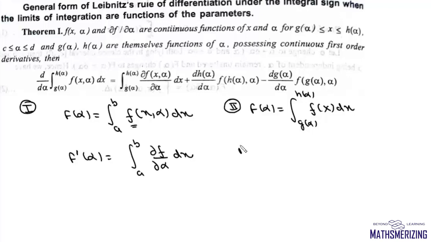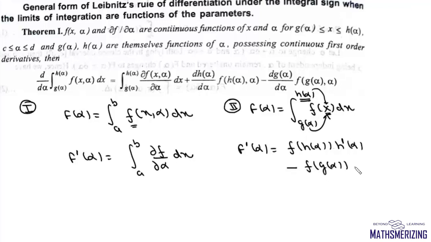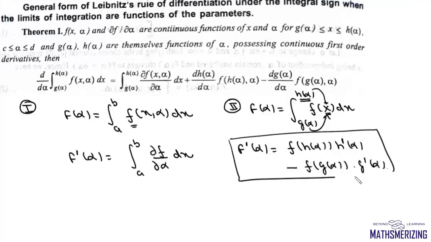If we differentiate it, we can write F'(alpha) as follows: in place of x, we write the upper limit, so it will be f(h(alpha)) into the derivative of the upper limit, h'(alpha), and then minus, we put the lower limit, so it will be f(g(alpha)) into g'(alpha). So that is the second form of the Newton-Leibniz formula.